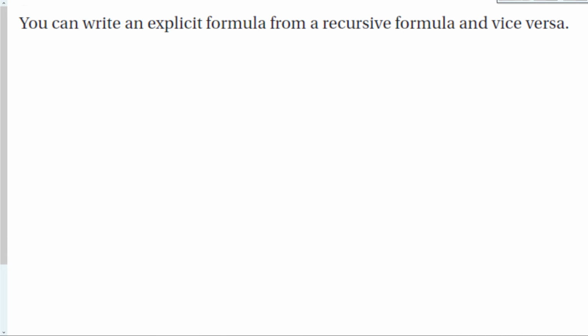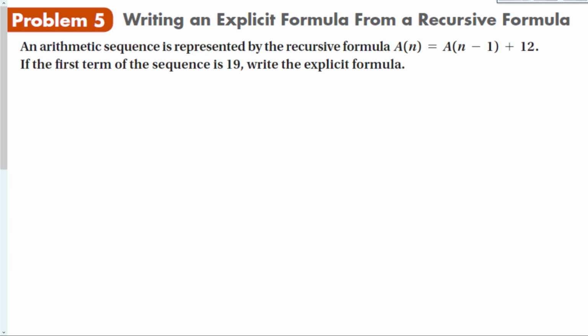All right, so you can write an explicit formula from a recursive formula and vice versa. An arithmetic sequence is represented by the recursive formula a of n is equal to a of n minus 1 plus 12. If the first term of the sequence is 19, write the explicit formula.